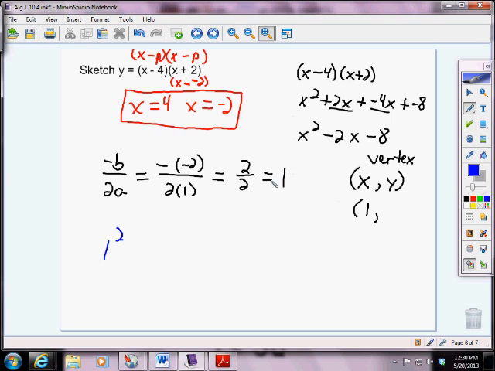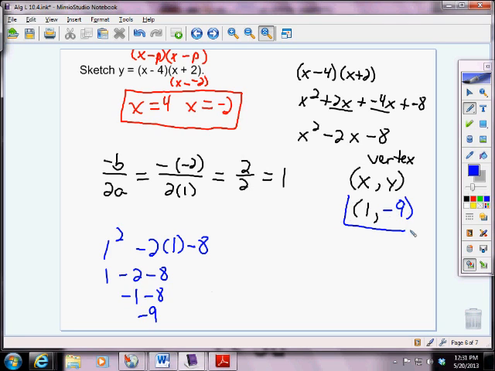So I'm going to say 1 squared, plug it into this formula here, minus 2 times 1 minus 8. 1 squared is 1, minus 2 times 1, which is 2, minus 8. 1 minus 2 is a negative 1, minus 8 is going to be a negative 9.